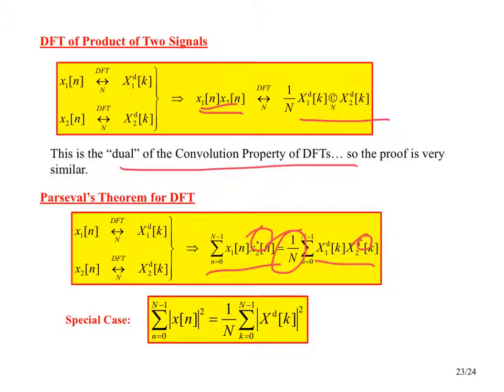Special case, if x1 and x2 are equal to each other. So this is just x1 times its complex conjugate, which boils down to magnitude squared. And same thing over here, boils down to magnitude squared. And so this is the sum of magnitude squares in the time domain equals sum of magnitude squares in the frequency domain. So that's also maintained with the DFT.